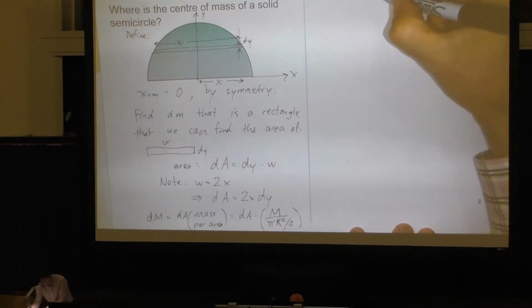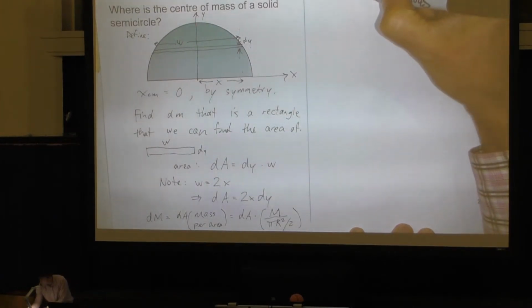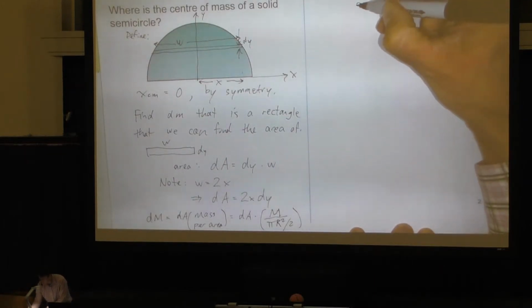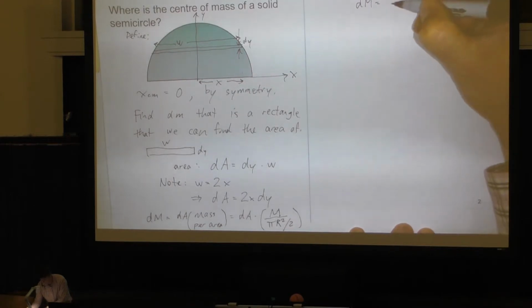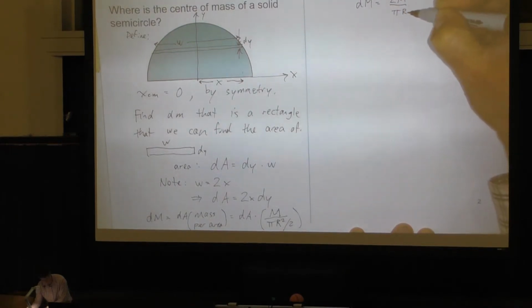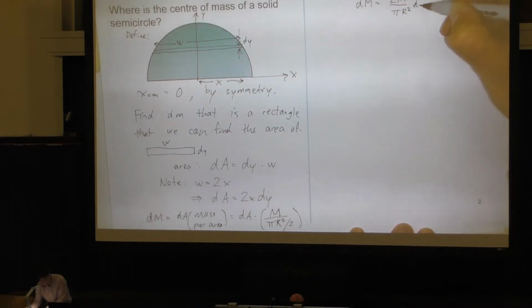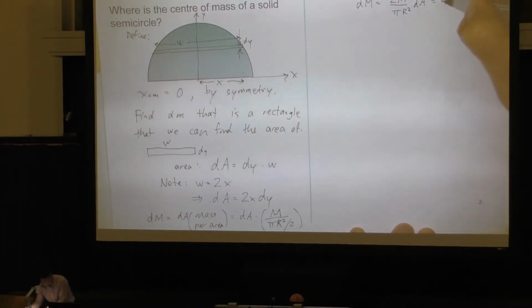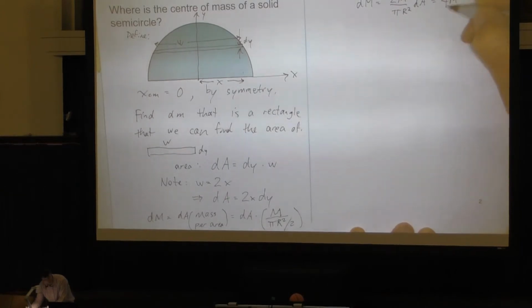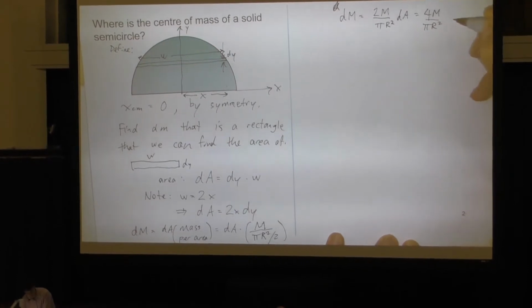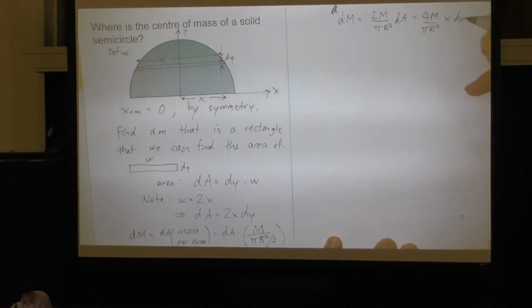Okay, so dm is equal to 2m over pi r squared times dA, which is equal to 4, there's a 2 times the x, m over pi r squared times x dy.